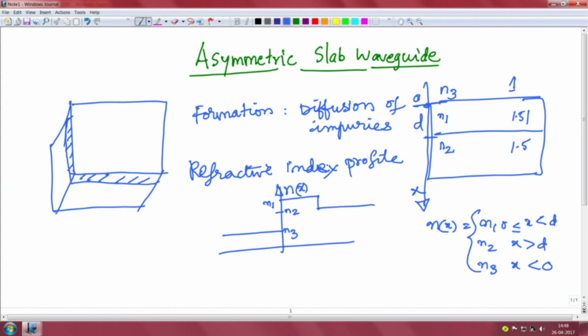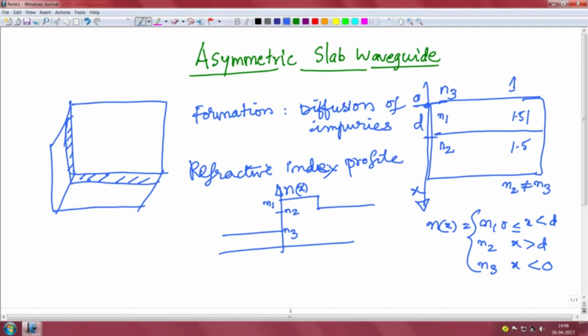This is called the guiding layer, the substrate and the cover, three different layers. Tentatively we will say that N2 need not be equal to N3, and for convenience we can say that N2 is more than N3.